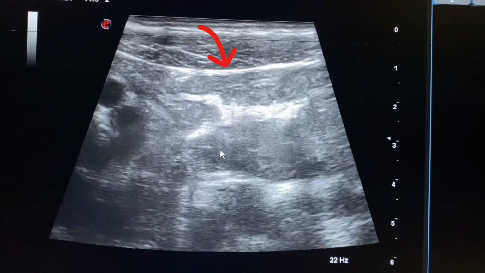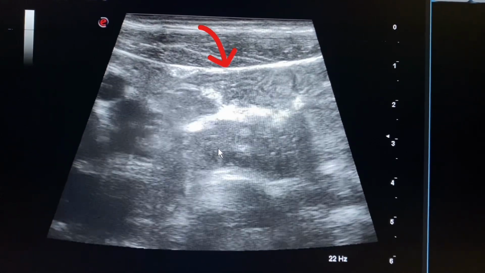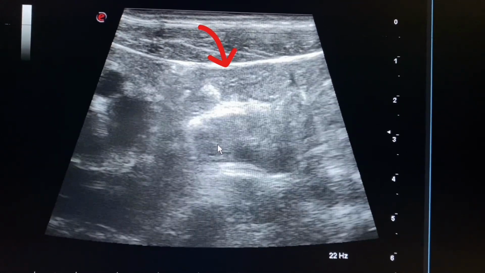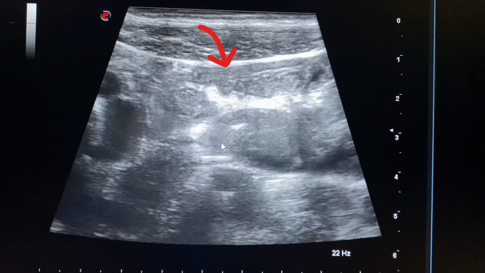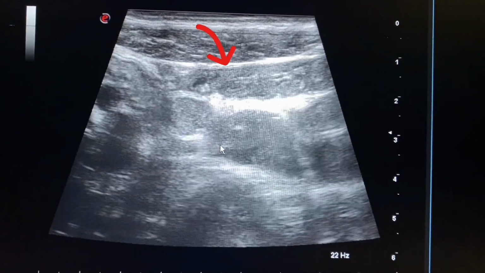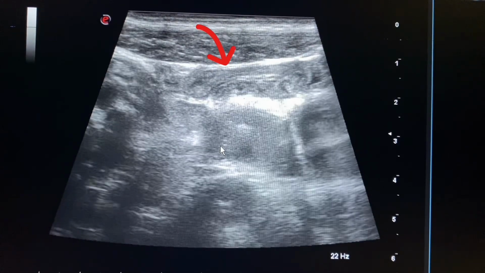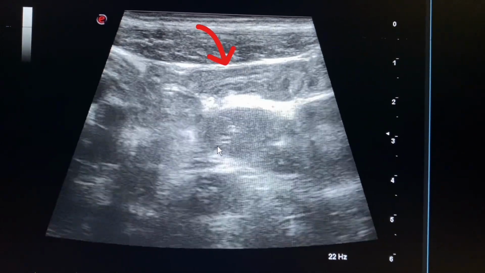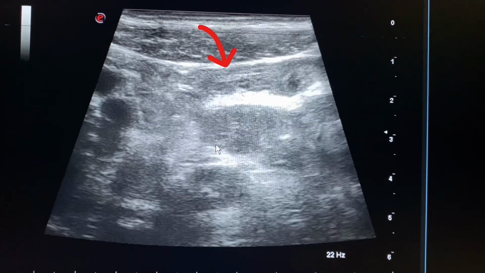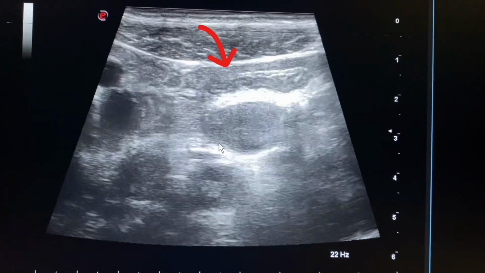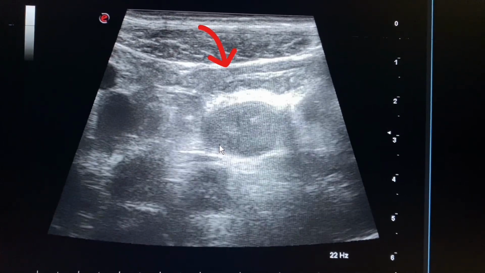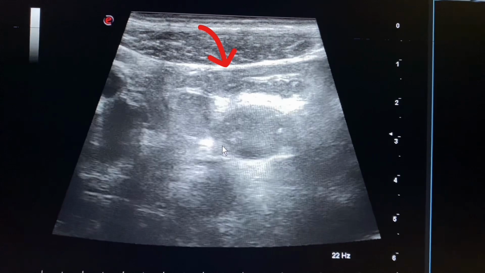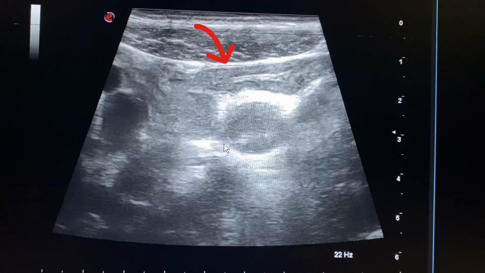Now slowly sliding to the right iliac region to locate the ileocecal junction. The gut tubes are prominent with less gases and food particles seen.